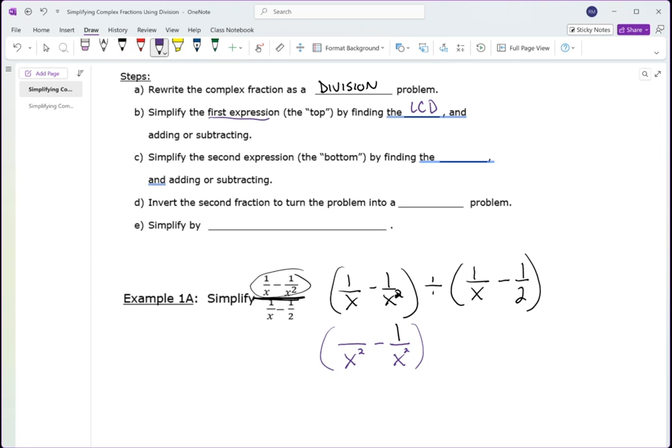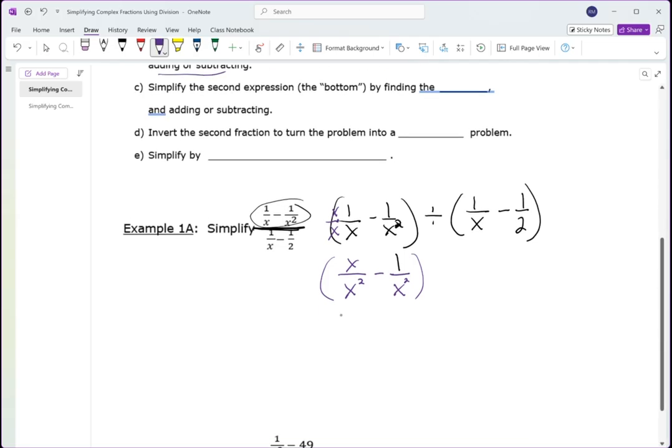So my first one, I'm going to need to multiply the top and bottom of this by x. X times 1 is going to give me x. And so now they have the same denominator. And we're going to go ahead and add or subtract. In this case, we're going to be subtracting. So what that's going to look like is just the numerator, and then since they have the same denominator, we can write it over one denominator.